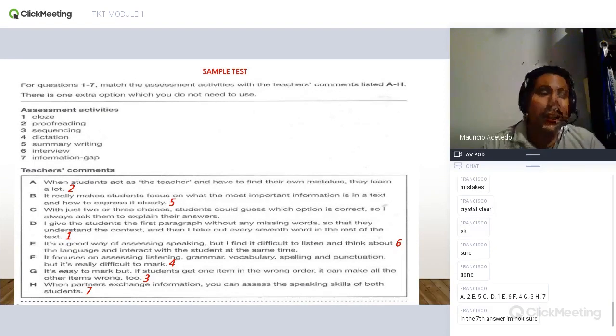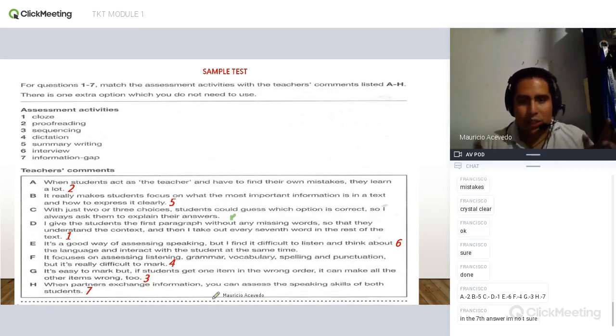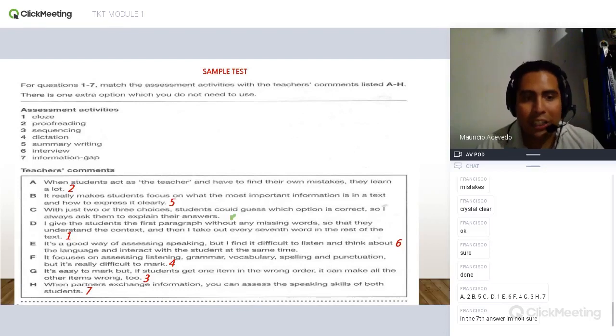Yes, you have options, but you don't have the example of the exercise here. But in this one, because they need to exchange information, you can assess the speaking skill of both students. So letter H is number seven, which is information gap, because I got confused with the gap fill. Information gap is for getting information between the two students.